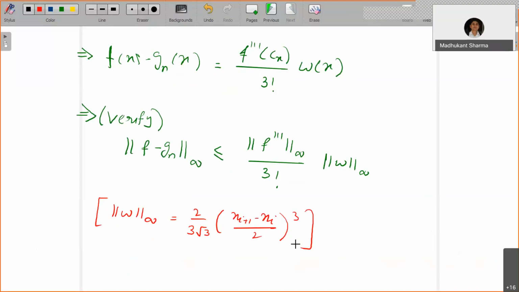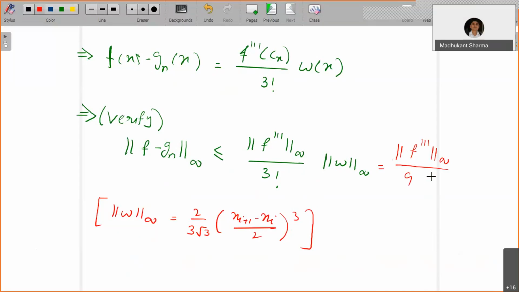So once you have this, it is less than or equal to, plugging this in, the infinity norm of the third derivative times 2 by 3 root 3 times h cubed by 8, divided by 3 factorial, which is 6, so the 2 gets cancelled.